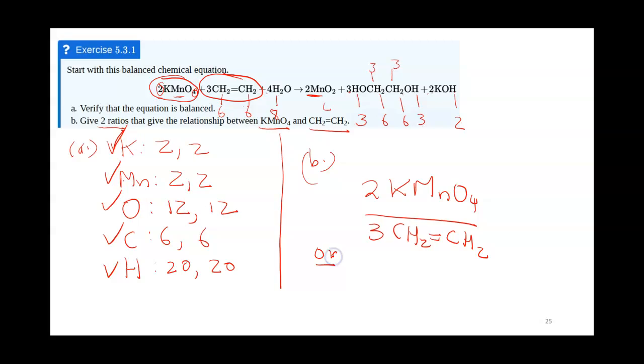Or our second conversion factor would be 3 CH2CH2s for every 2 KMnO4. So there are two ratios relating those things to each other.